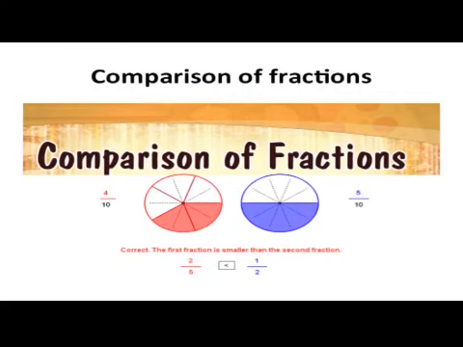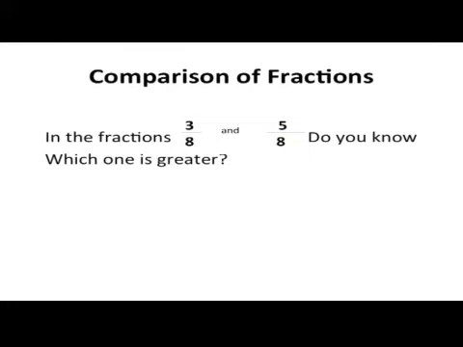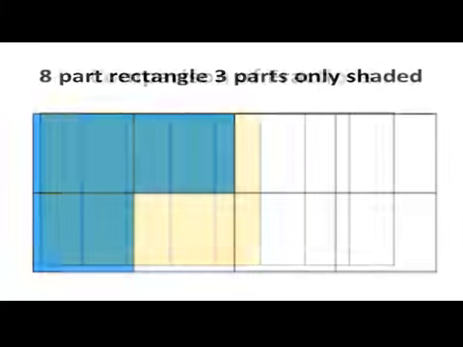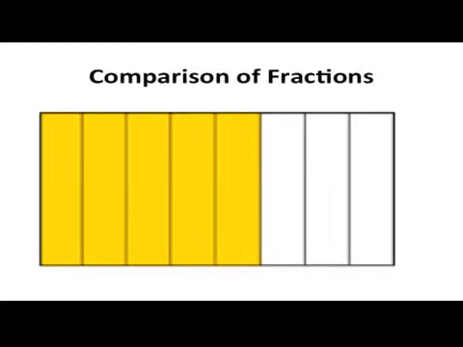Now, coming to comparison of fractions. By comparing two fractions, we can easily find out which is the greater and which is the smaller. In the fractions 3 by 8 and 5 by 8, do you know which one is greater? Let us take a rectangle and divide it into 8 parts. Shade 3 parts only. Again take a rectangle and divide it into 8 parts.